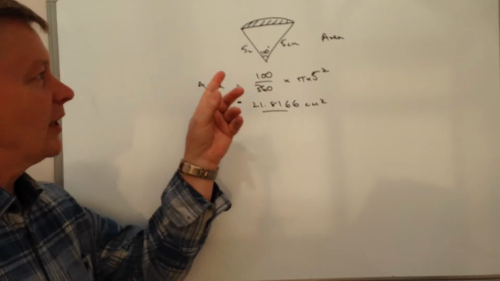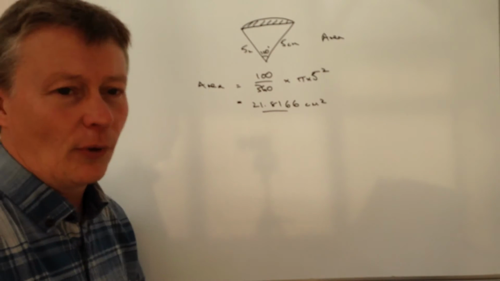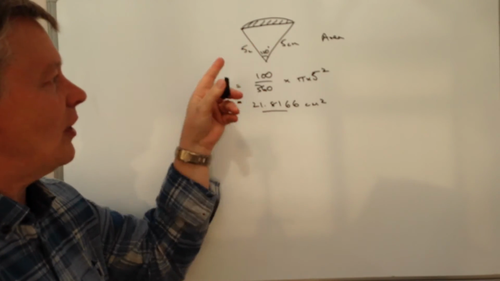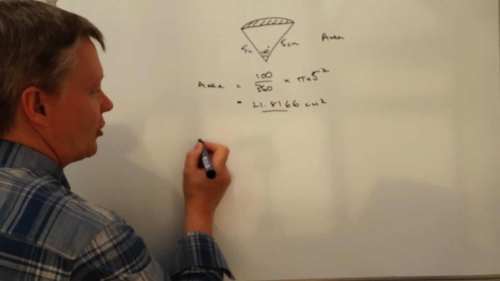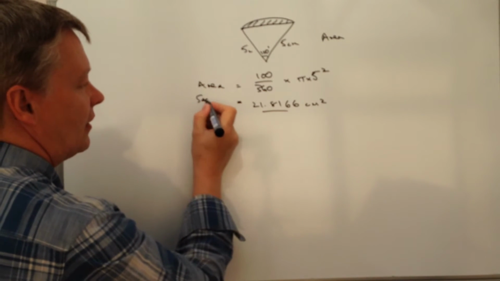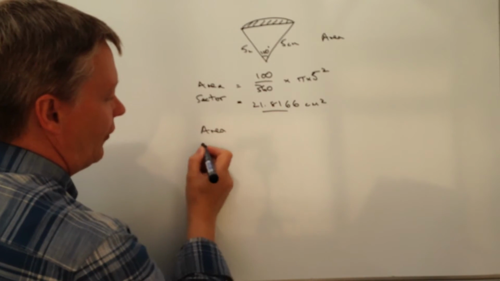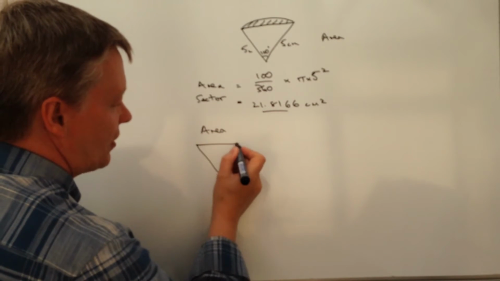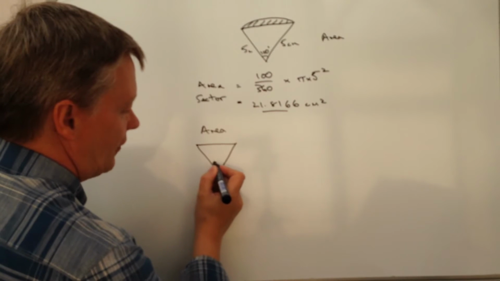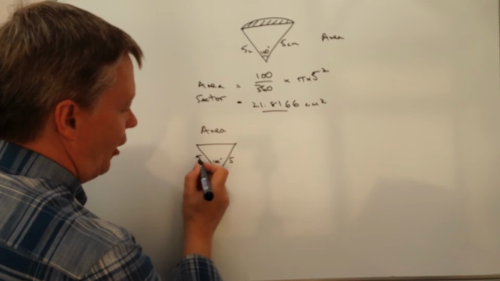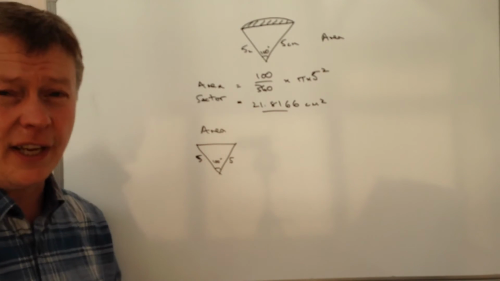In order to work out this area at the top, we need to work out the area of this triangle. There's actually a triangle. This is the sector, and then there's the area of the triangle, which has an inclusive angle of 100 degrees and two sides of 5 centimeters each.